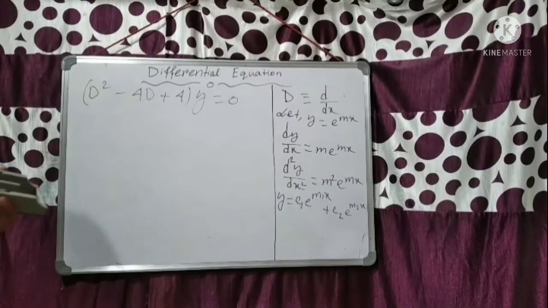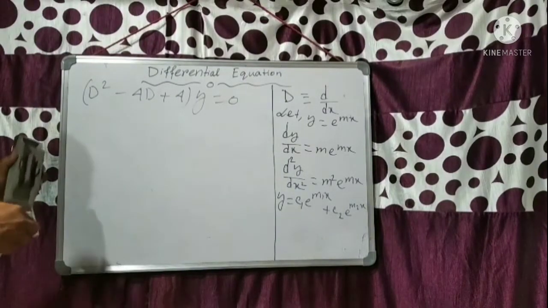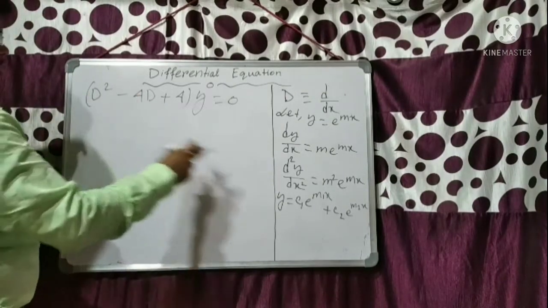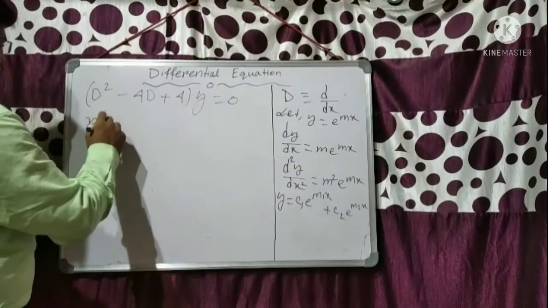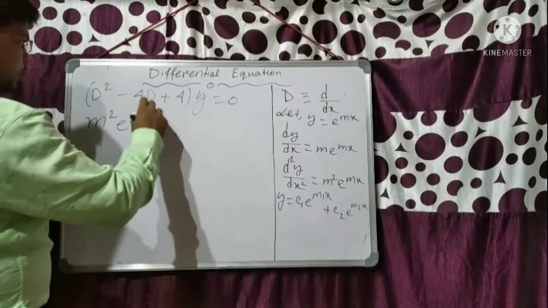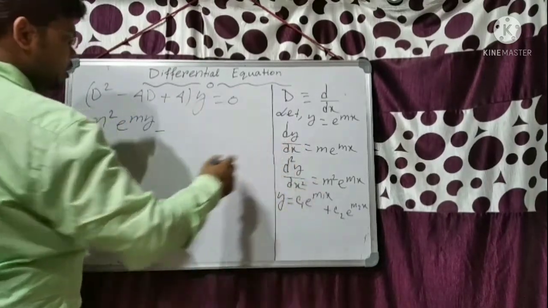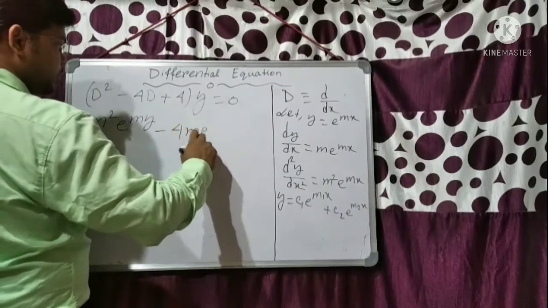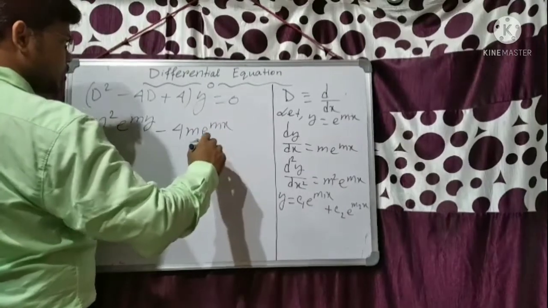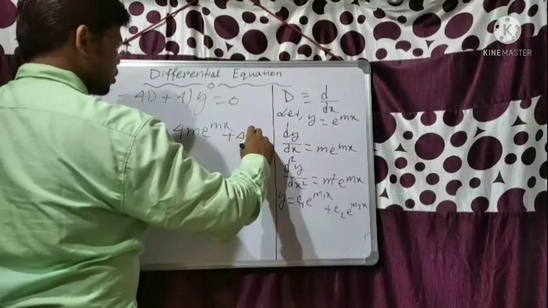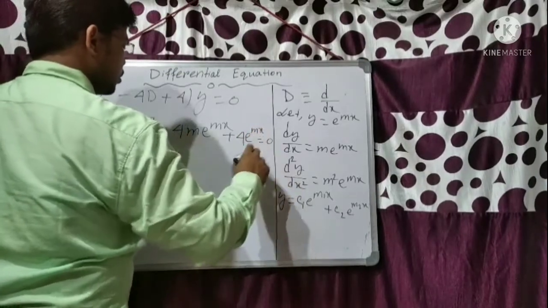Just see here, same thing: we will put the value of d2y as m square e to the power mx, minus the value of dy, that is 4 m e to the power mx, plus 4y, that is 4 e to the power mx, equal to 0.